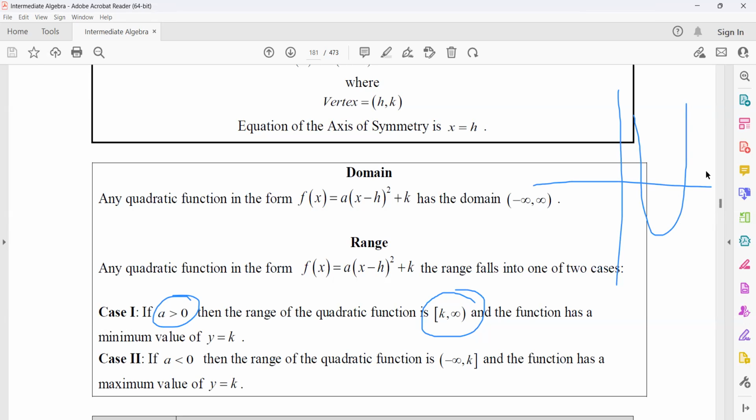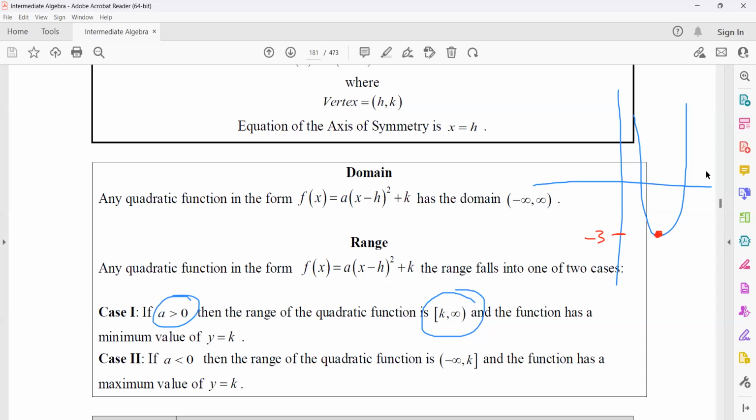Let's say that I tell you that this is -3 here, which means that our point here, which is the lowest on the graph, right?